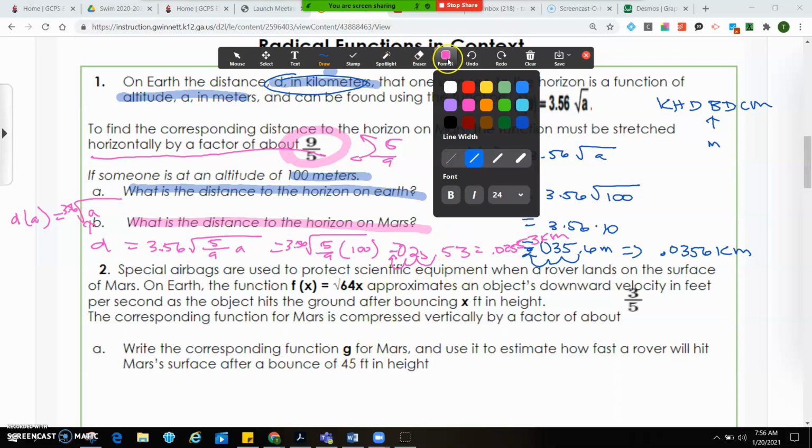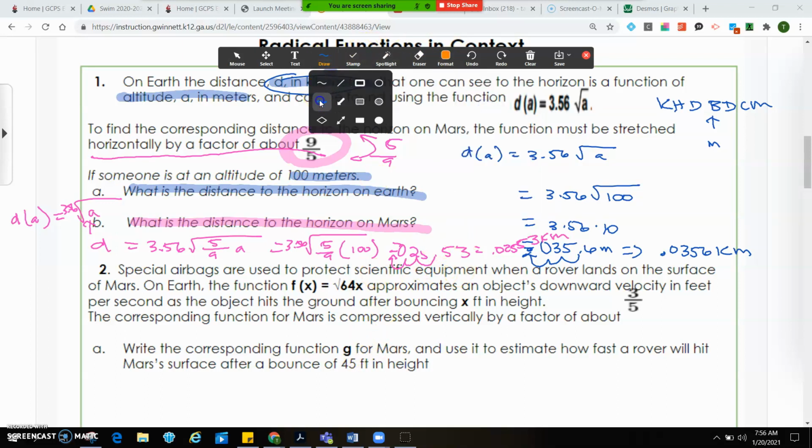On number 2, it says, special airbags are used to protect scientific equipment when a rover lands on the surface of Mars. On Earth, the function approximates an object's downward velocity in feet per second as the object hits the ground after bouncing x feet in height.